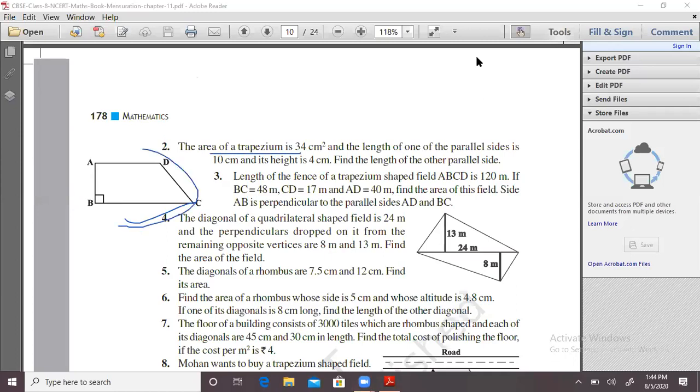Sorry, this is not the figure, it's for the next. Here you have given area of trapezium is 34 centimeter square. Length of one parallel side is given 10 centimeter. Height is given 4 centimeter. You are to find out the length of the other parallel side. So how to do this question? Area is already given here, but we will use the formula of area, right?